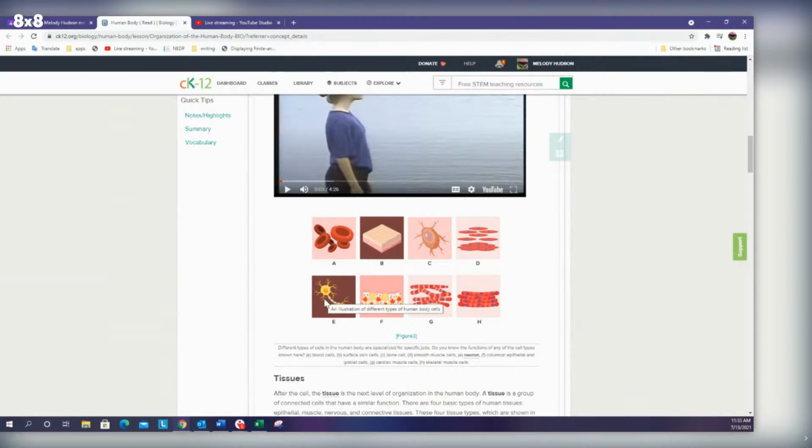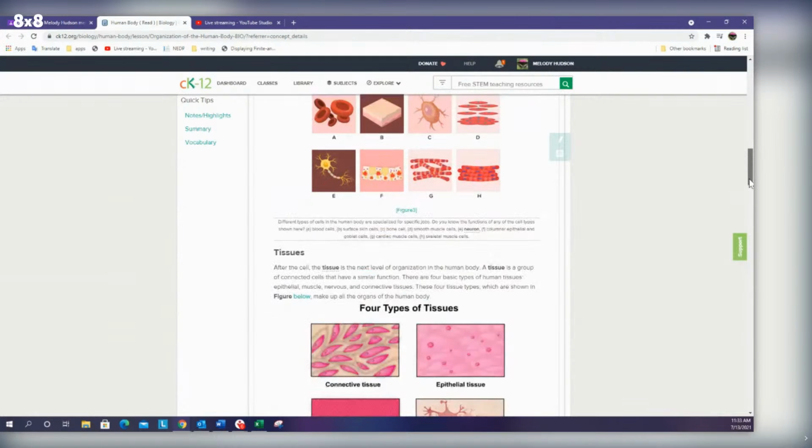This is a neuron, or a nerve cell. These are epithelial and goblet cells that you would see, say, lining the stomach or the intestine. This is a heart cell, and these are skeletal muscle cells. They all have a different function to play in the body.